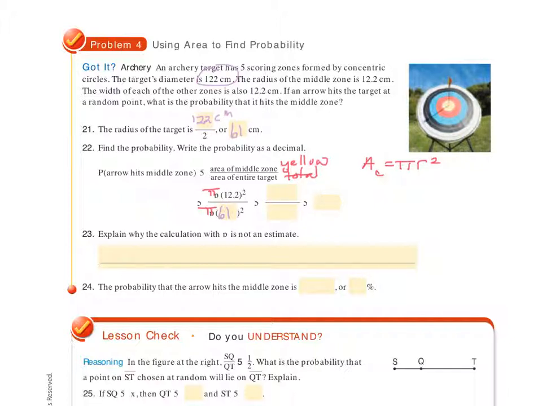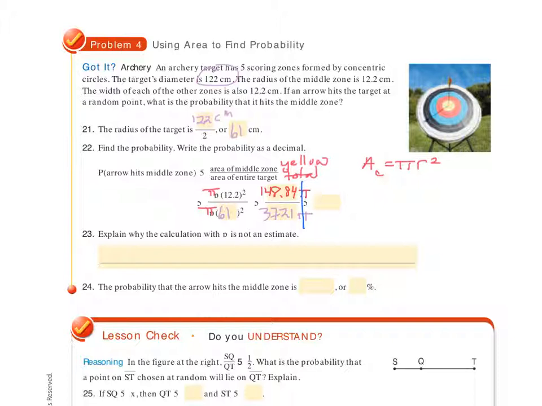Just take the 12.2 and square it, and we get 148.84 pi, and it's centimeters squared, but that's going to cancel out, over the 61 squared, which is 37.21 pi. So what happens to the pi? They cancel out. That's why I said don't multiply the pi into there.